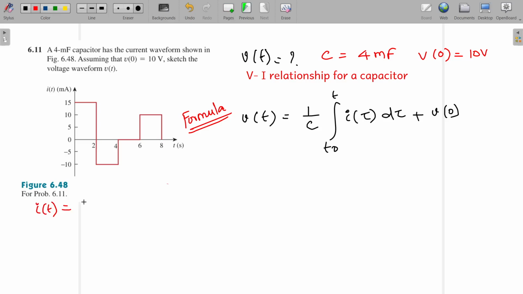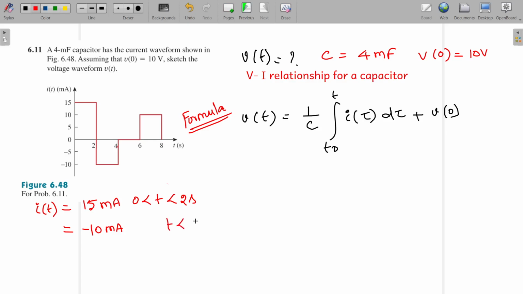So I of t is equal to 15 milliamps for the time period 0 to 2. So for t between 0 seconds and 2 seconds. From 2 to 4, the next time period, I of t is equal to minus 10 milliamps.